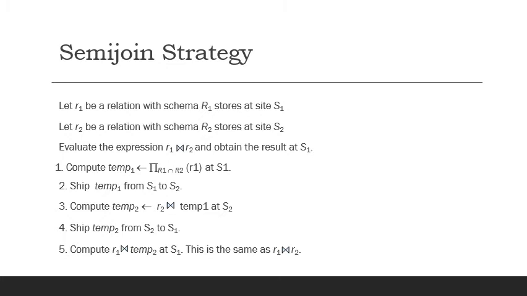The cost saving of the strategy results from having to ship only temp2 rather than all of R2 to S1. Additional cost is incurred in shipping temp1 to S2. If a sufficiently small fraction of tuples in R2 contribute to the join, the overhead of shipping temp1 will be dominated by the saving of shipping only a fraction of the tuples in R2.